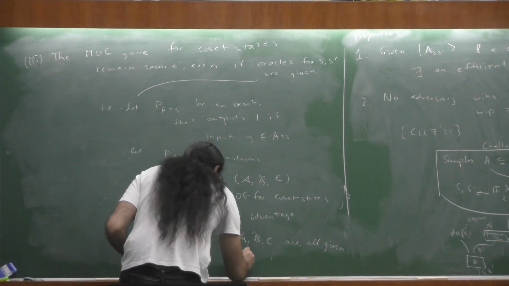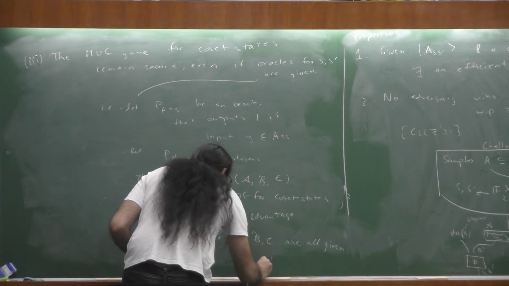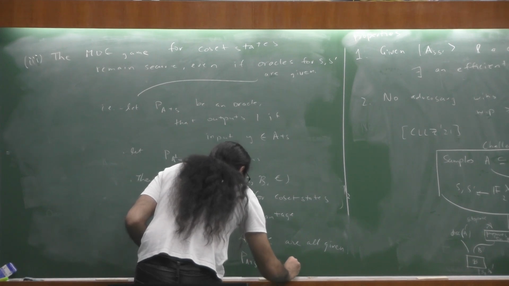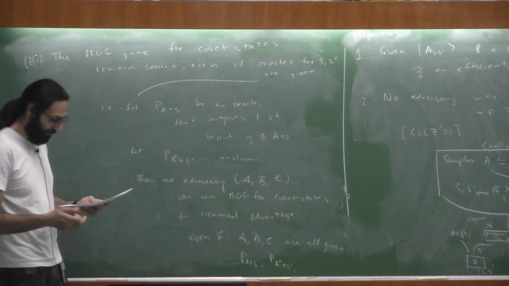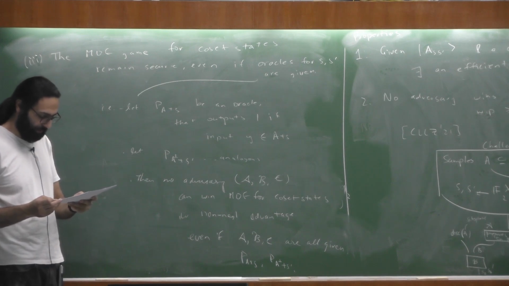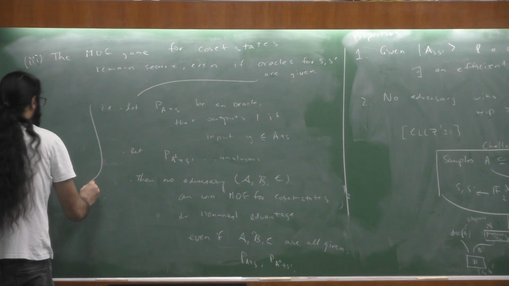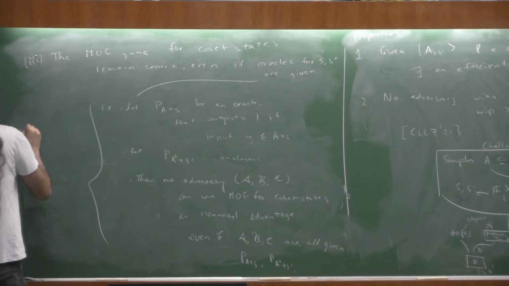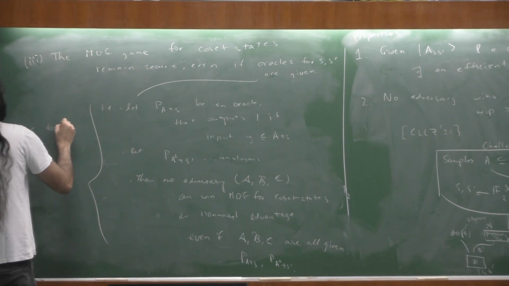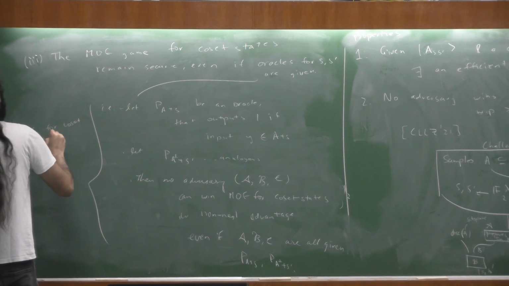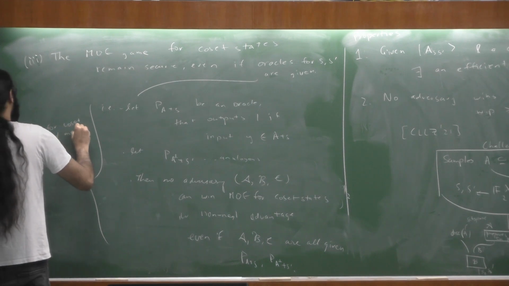So you're given P_{A+S} and P_{A^⊥+S'}. Again, this game is what we're going to call MOE for coset states with membership checking oracles.